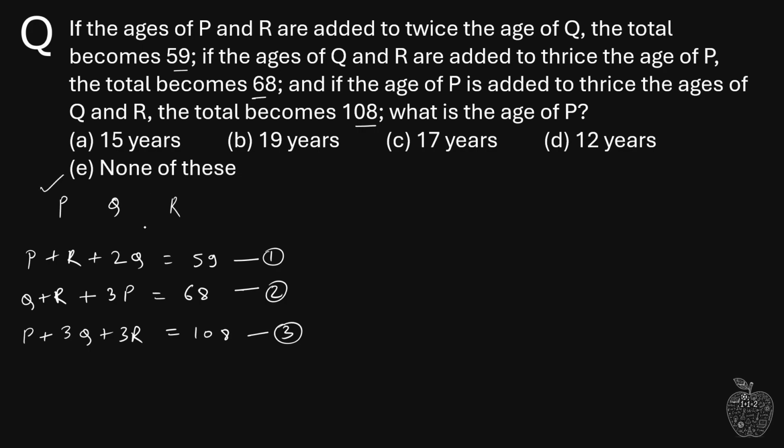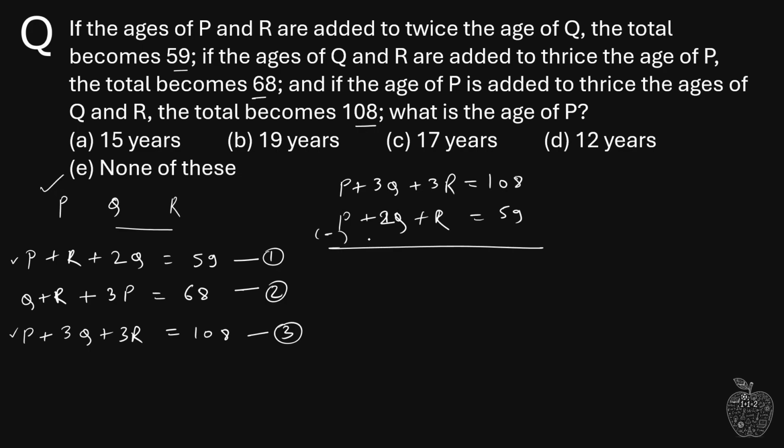So for that, first of all we'll find out the relation between Q and R. If we subtract equation 1 from equation 3, we can get rid of P and find out the relation between Q and R here. So equation 3 is P plus 3Q plus 3R equals 108, and equation 1 is P plus R plus 2Q equals 59.